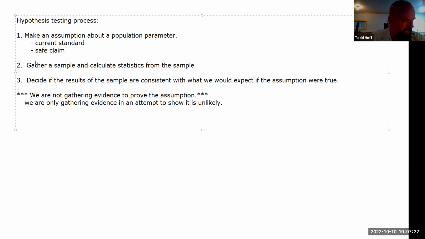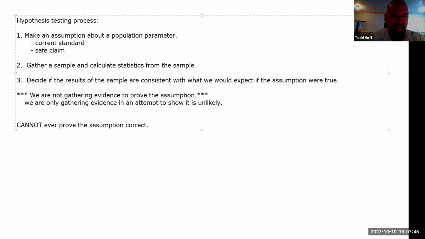So let's take a look at how this process works. Because of this idea that we are only gathering evidence, we're not gathering evidence to prove it, we cannot, and I put that in capital letters, we cannot ever prove the assumption correct.